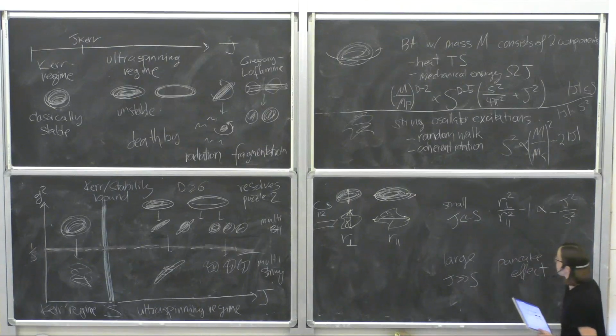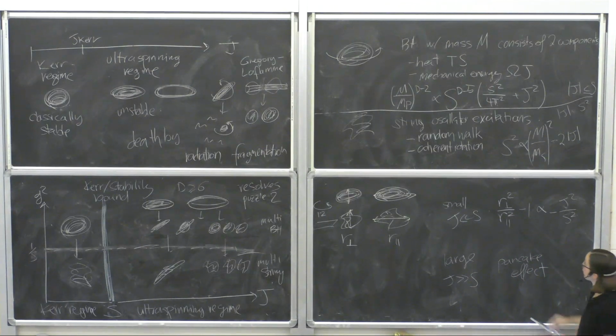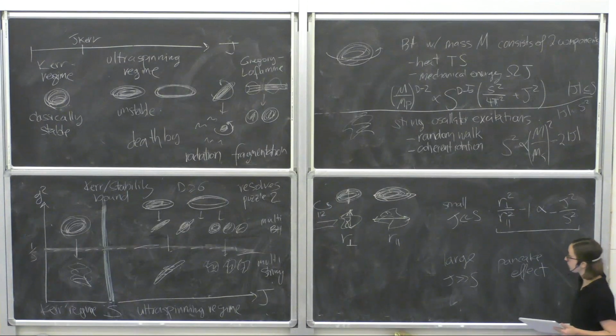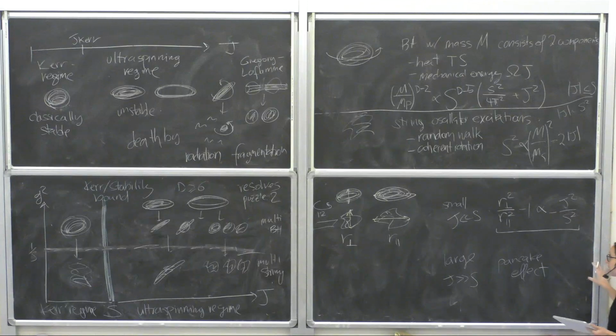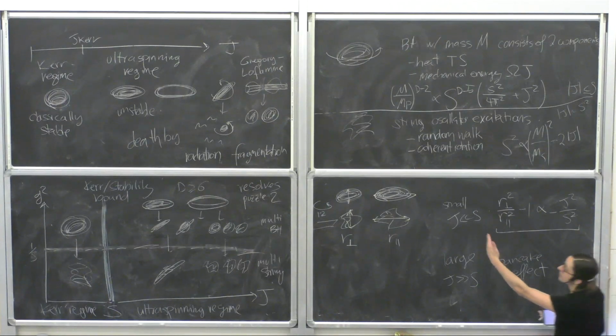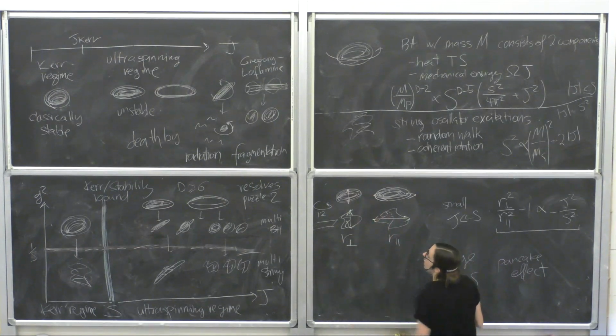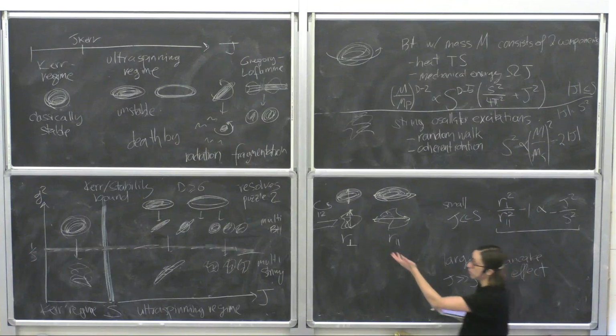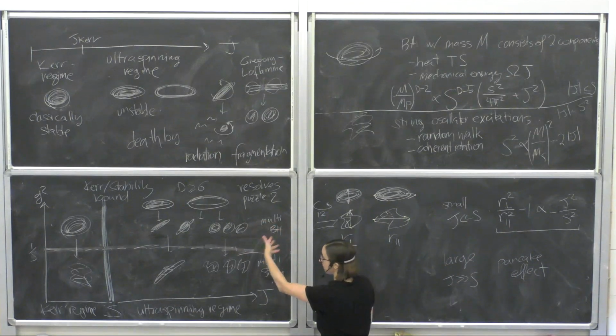What about strings? Well, for strings, I will argue that this is also what we should expect, for small and moderate values of the spin. At large values of the spin, there's also a pancaking effect. But we already know that at large values of the spin, when we're in this ultra spinning regime, there's all these dynamics going on. And so we are not required to find that the sizes agree in any way, because black holes will first undergo some decay.